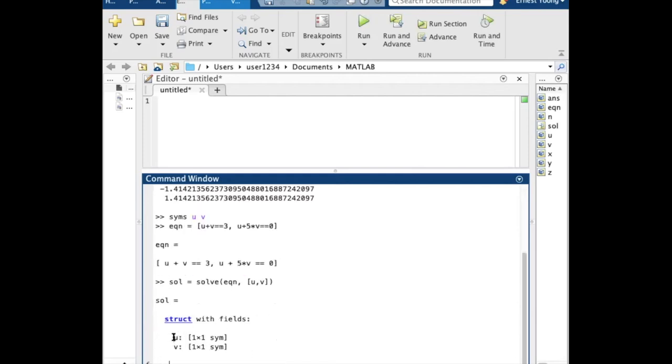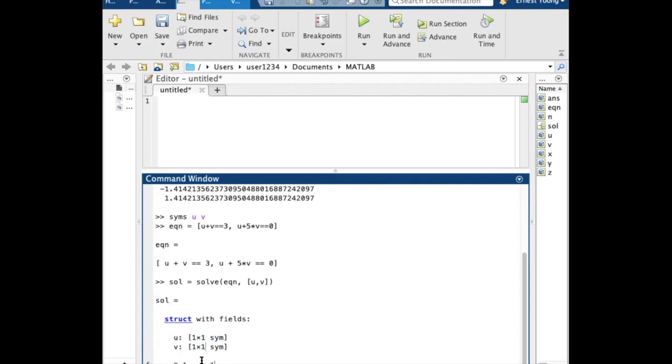So here we have 2, but we can't see the answer because it's in a structure. If you have learned any other coding like C++, you should know what a structure is. A structure is like a group to store multiple variables. In order to see that, I simply define u sol, okay, is equal to solution, which is from here. This sol is because my answer right now is in terms of u and v.